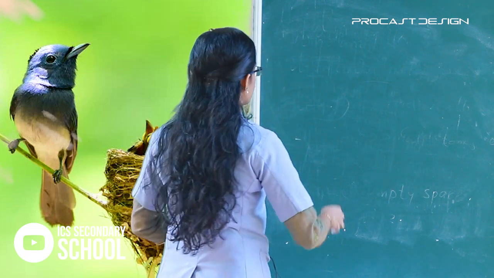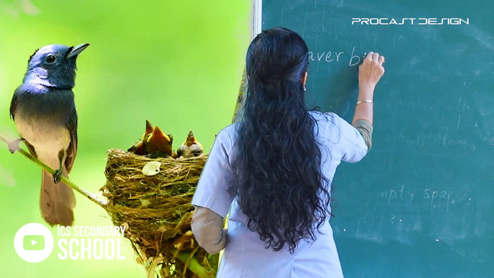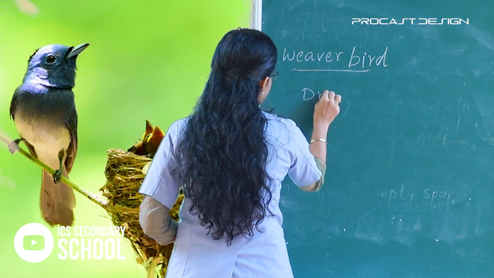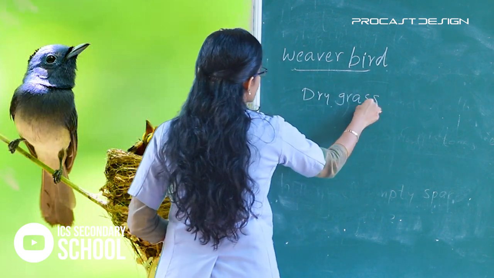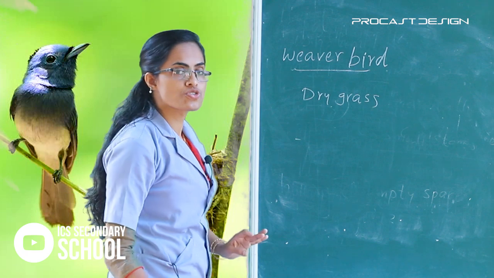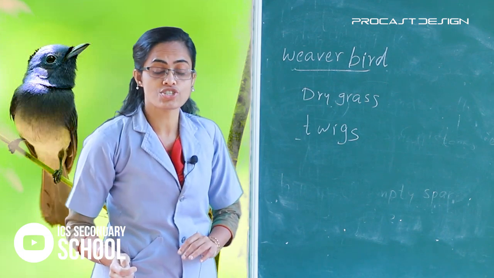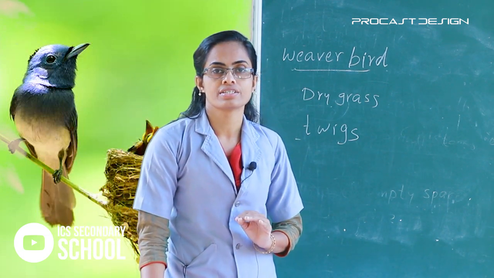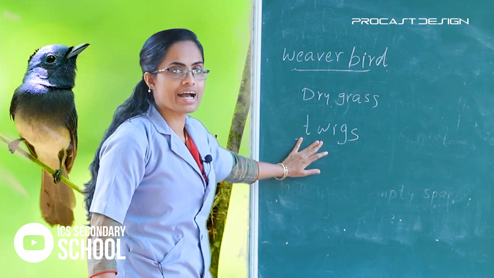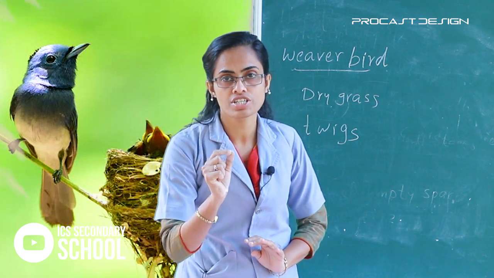In case of weaver bird, the different materials used are dry grass and twigs to make a strong and beautiful nest.